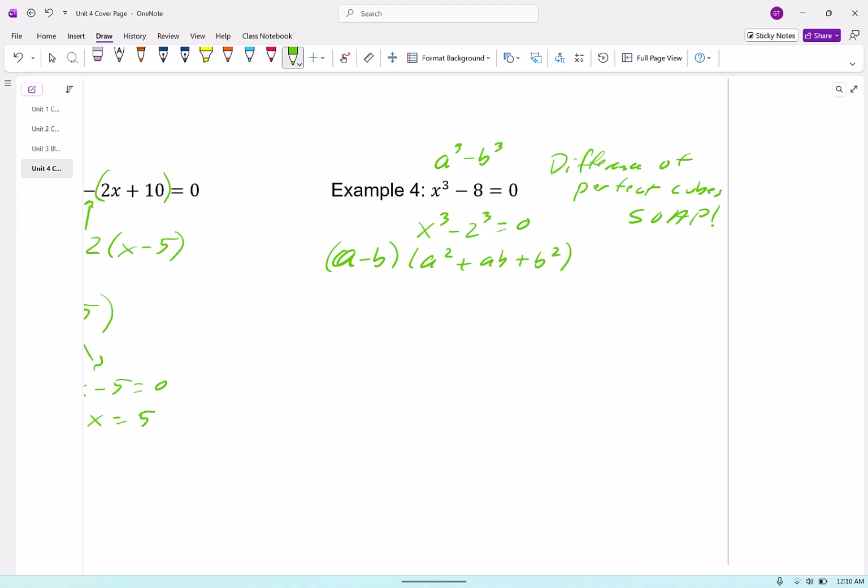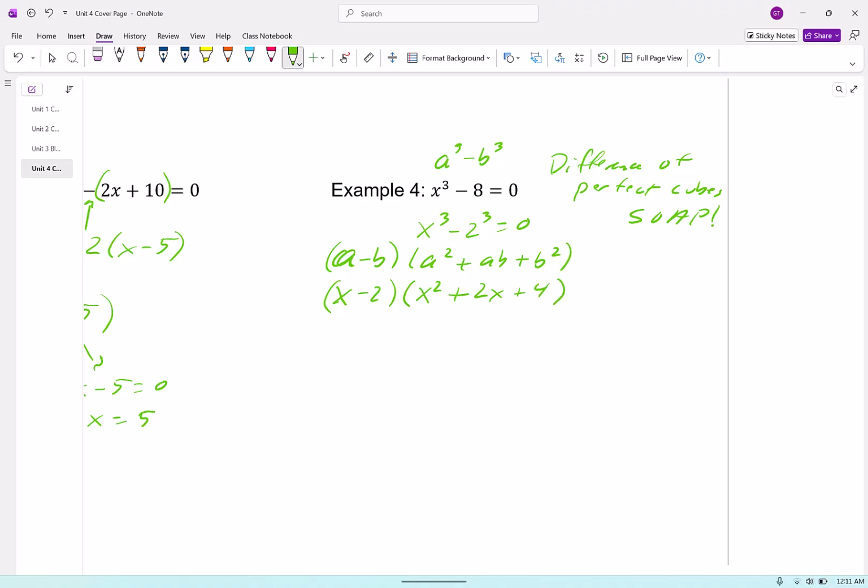If I take those two terms, I got x minus 2. All right, so it's the same. That's the S in SOAP. And then I got opposite. So I got x squared plus. All right, then I take 2 times x. I'll get 2x. Then plus 2 squared will give me 4.